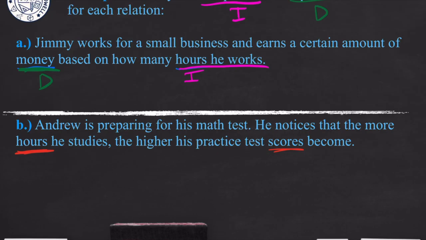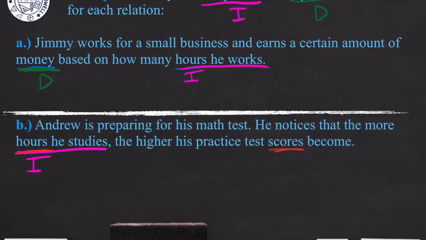To me, it sounds like the scores are depending on the time he puts into it. Hours, he can spend however many hours he wants. He's not restrained to spend just a certain amount of time. So hours is going to be our independent variable. The hours he studies is independent.